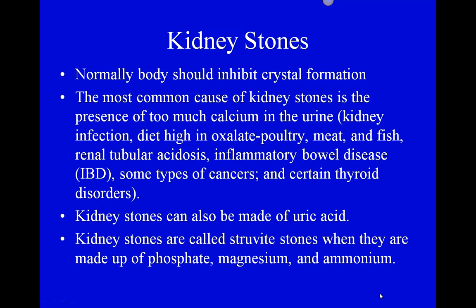Okay, the next thing. What if we have someone who has kidney stones? And normally our body will get rid of waste products like calcium. If you have a diet that's high in oxalates, and that is these foods right here, poultry, meat, and fish do that. But I also want to warn you, the other thing that's high in oxalate is dark colored soda.